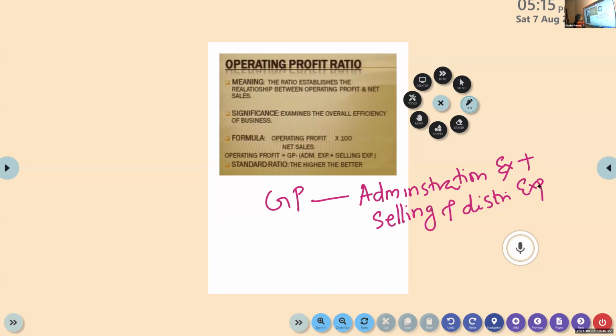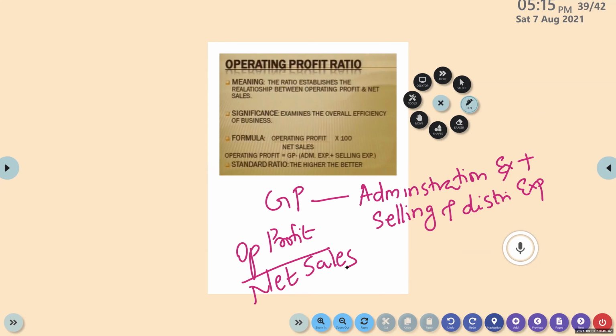Operating profit ratio. It is the relation between operating profit and net sales, that is, operating profit divided by net sales. Net sales, you know what it is: sales minus sales return. Operating profit, how to find it out? Gross profit minus administrative expenses plus selling and distribution expenses. This will give you the operating profit.